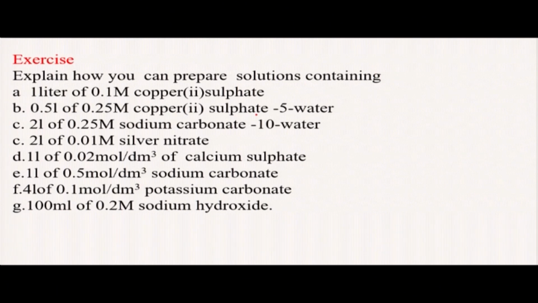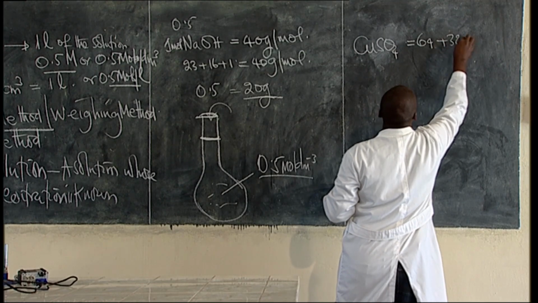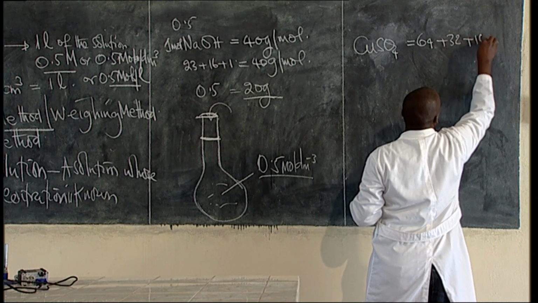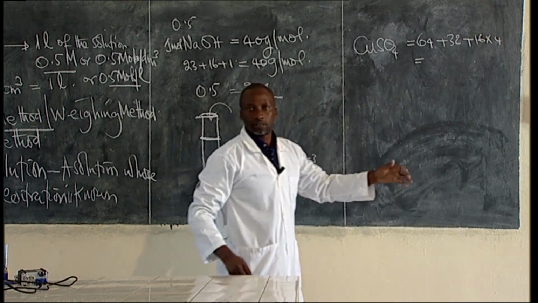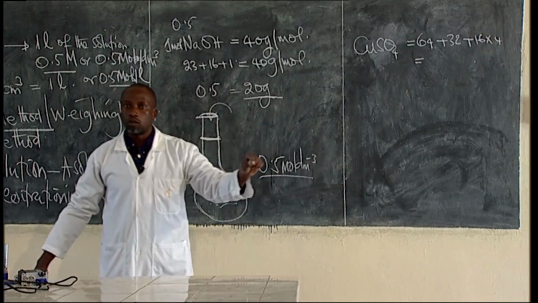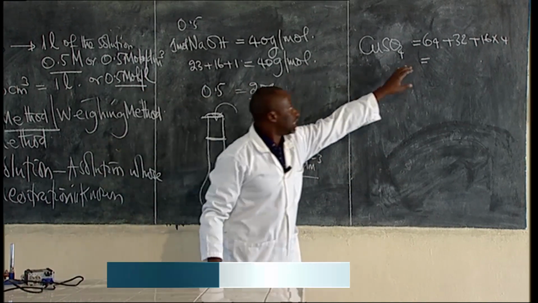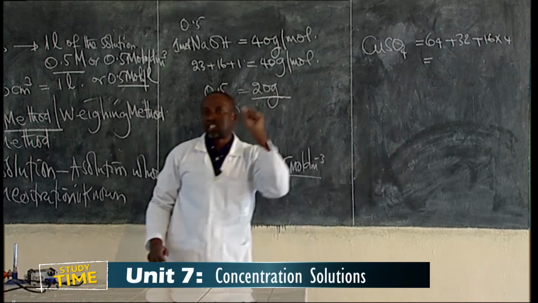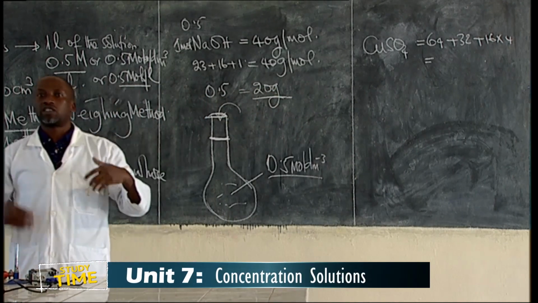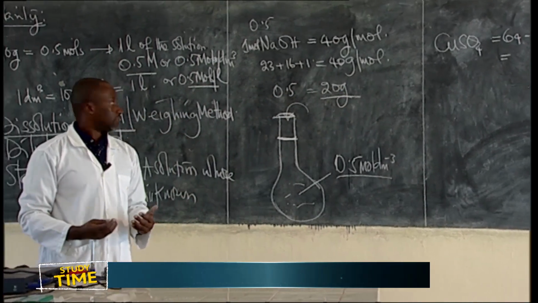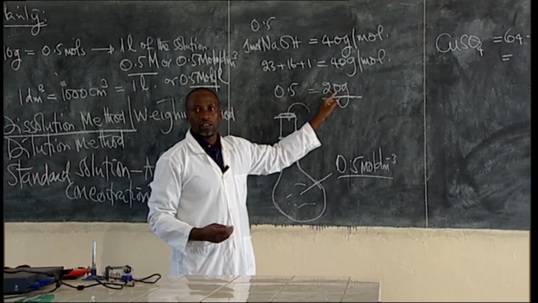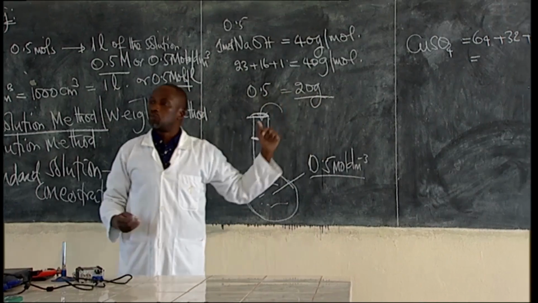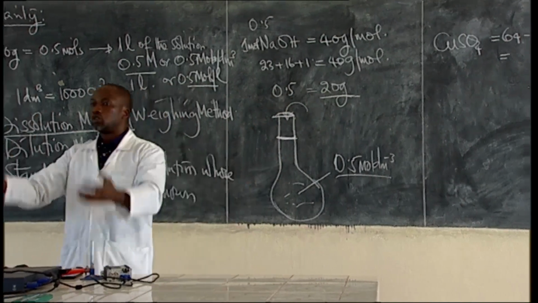Copper is 64 plus 32 plus 16 times 4, and then you get the molar mass in 1 mole. After getting this, you look for what 0.1 mole is equivalent to, as we did here, where 0.5 was equivalent to 20. So what will be the mass that you need to dissolve?